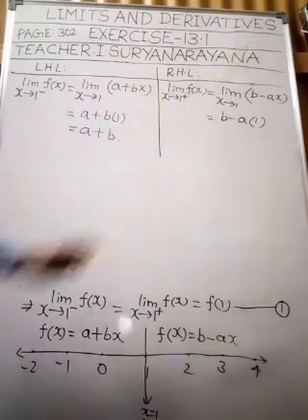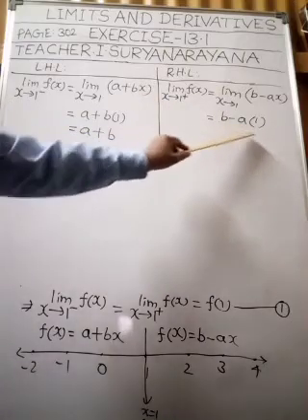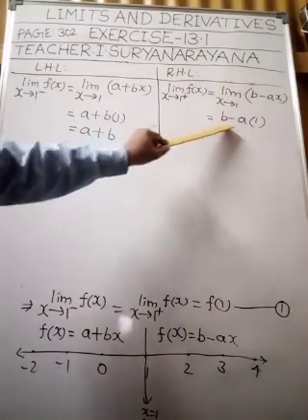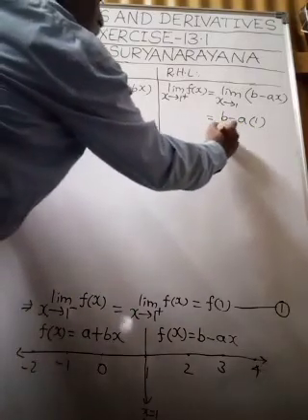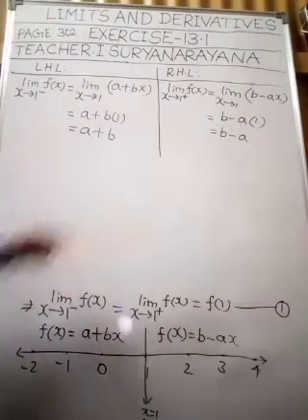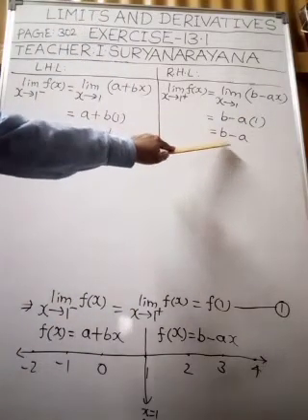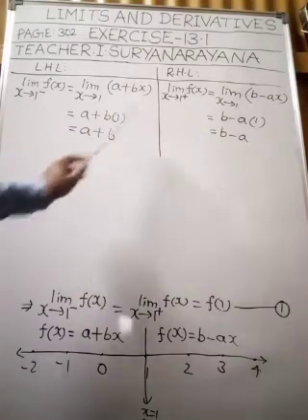So the first and foremost method is the substitution method. Then we got this step, that is equal to b minus a into 1, a. So this is the right hand limit. This is the left hand limit. This is the right hand limit. Understood this part?